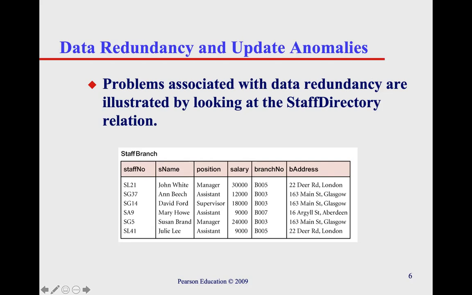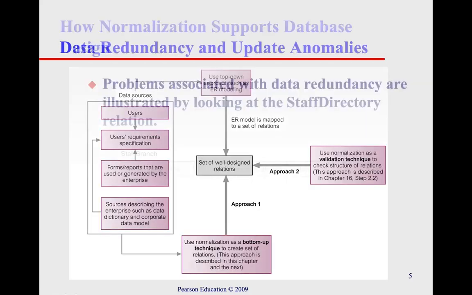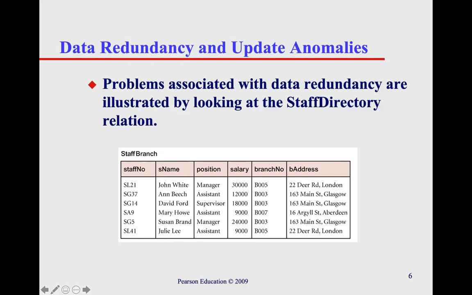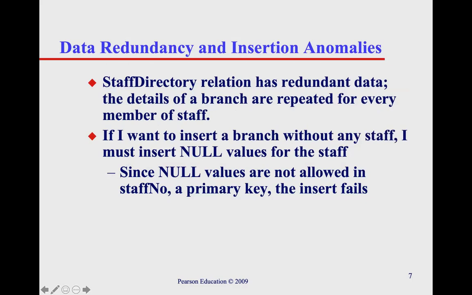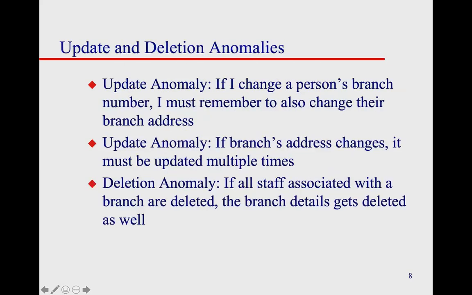So if I update the branch number, I also have to remember to update the branch address. And if I don't, I'm going to have inconsistency because the branch address will no longer match the branch number. So that's another example of an update anomaly.